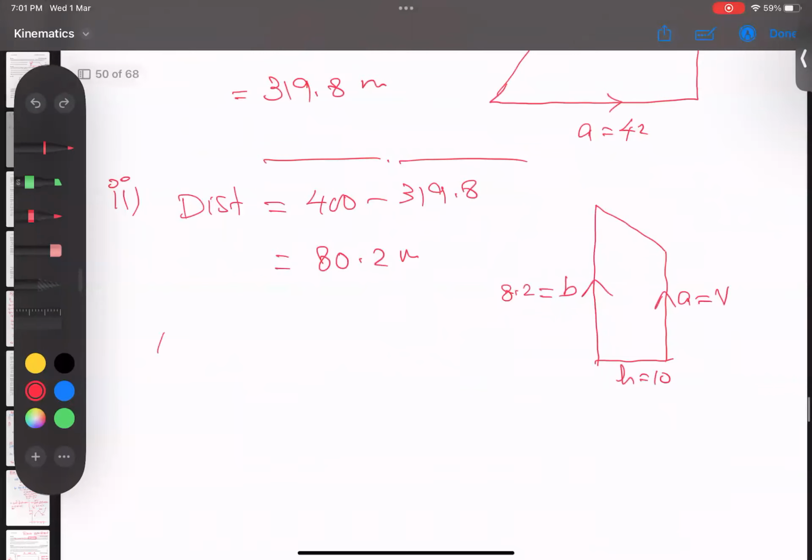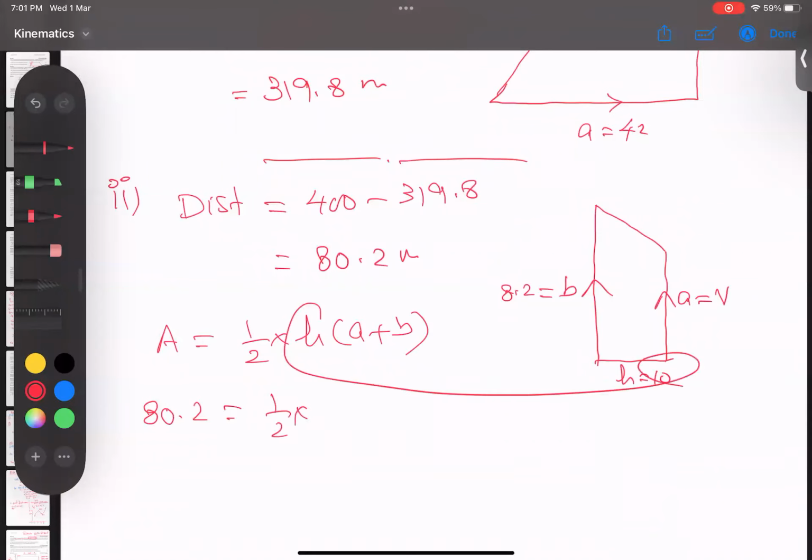Now I will apply the area formula of a trapezium: half times h times (a plus b). 80.2 comes in the place of area, half, and h is 10, clearly mentioned. A is V and B is 8.2. Now we solve: 2 ones are 2, 2 fives are 10, and this 5 goes under 80.2.